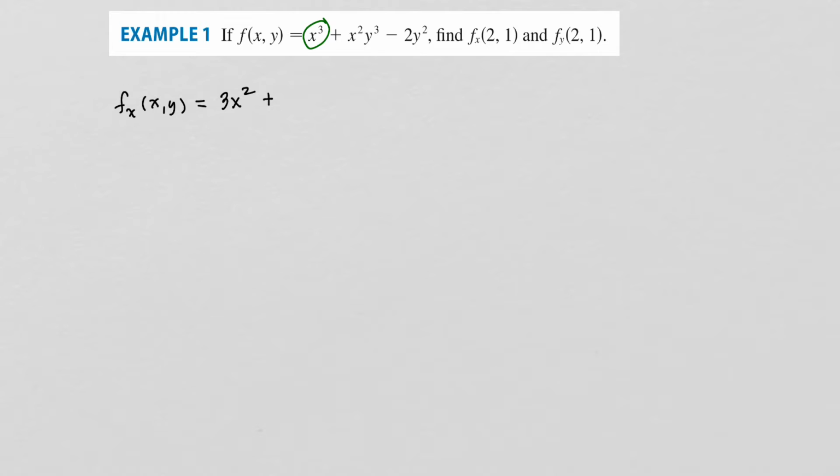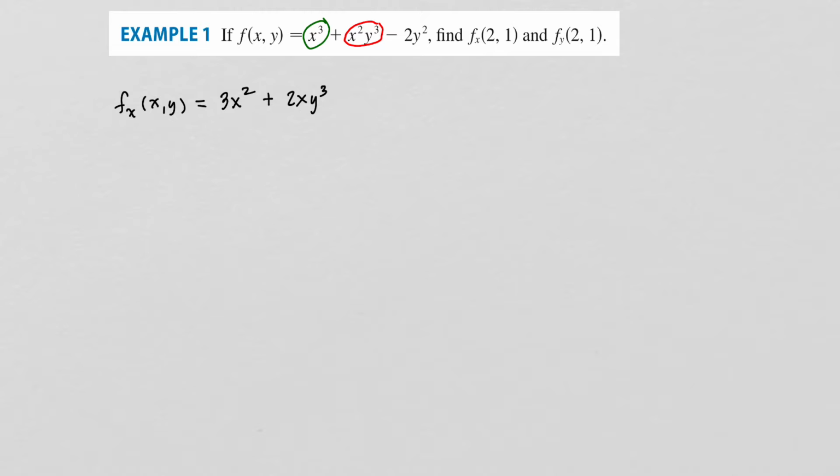Plus. Now here, notice that we have x squared times y cubed. But because we're taking the derivative with respect to x, we're going to treat y cubed as though it were a number. So we're basically just taking the derivative of x squared, which is 2x, and then simply multiplying by y cubed because, again, it is regarded as a constant.